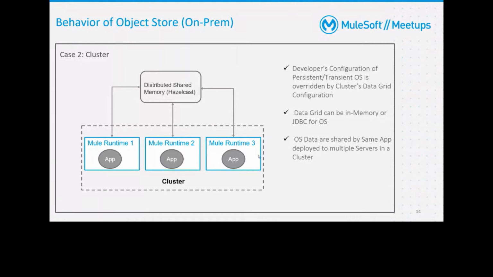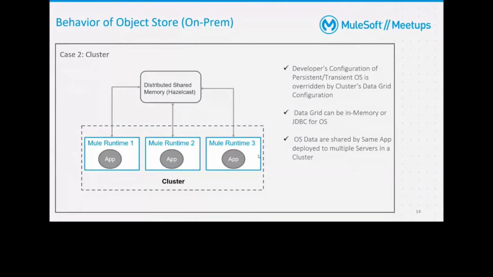Whenever we are doing persistent, we can use JDBC. In this case, we can configure JDBC configurations to store data here. And again, the object store data is shared by the same app deployed to multiple servers in the cluster. So whenever we are using a cluster, we should think like it is stored on a DSM.